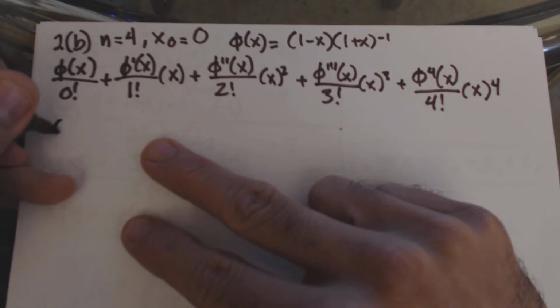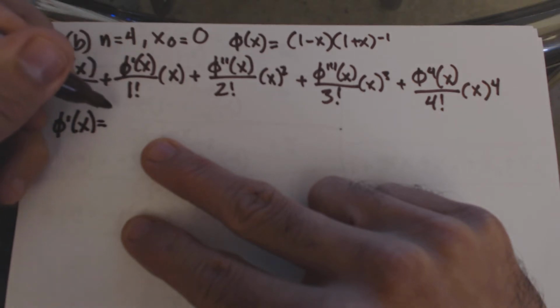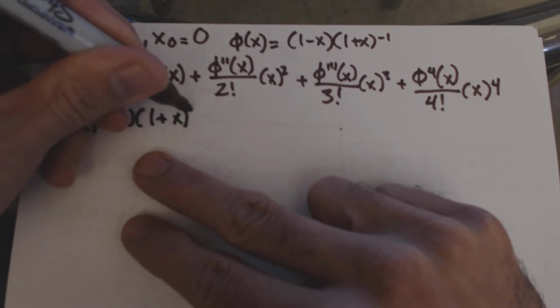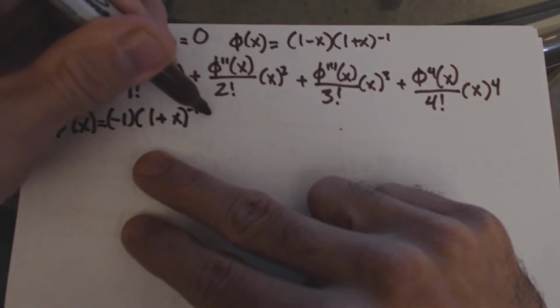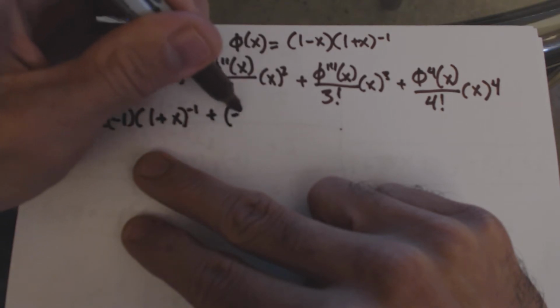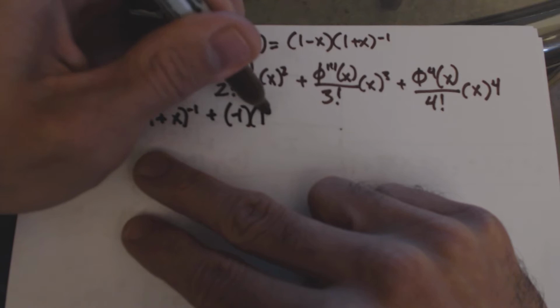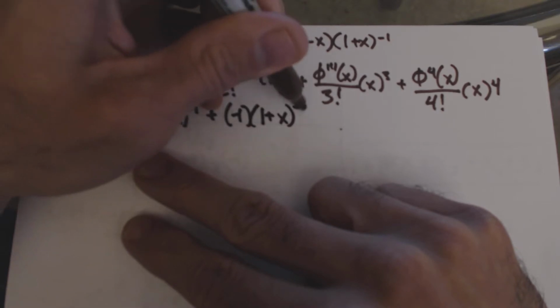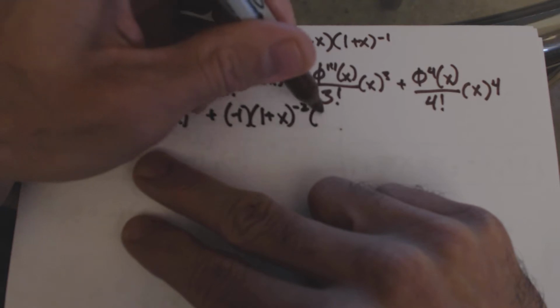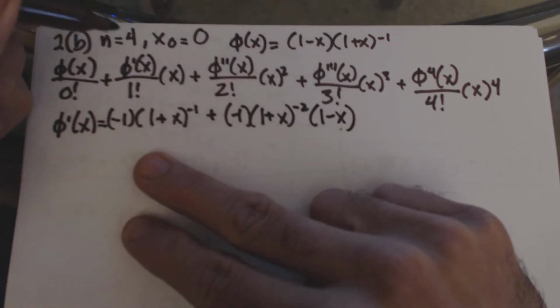So the first derivative equals the derivative of the first function, which is negative 1, times the second function, which is 1 plus x to the negative 1 power, plus the derivative of the second function, which is negative 1 times 1 plus x to the negative 2 power, times the first function, 1 minus x.